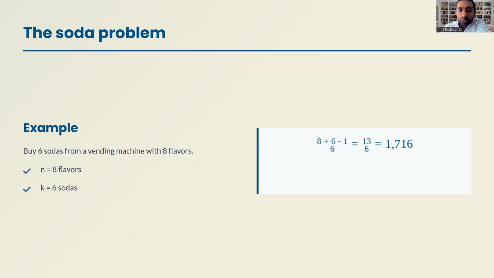Applying our multichoose formula, we calculate 8 plus 6 minus 1, choose 6, which simplifies to 13 choose 6. Working out the factorials, we discover that there are exactly 1,716 unique combinations of sodas you can bring home. This demonstrates how a seemingly complex repetition problem can be solved in seconds.